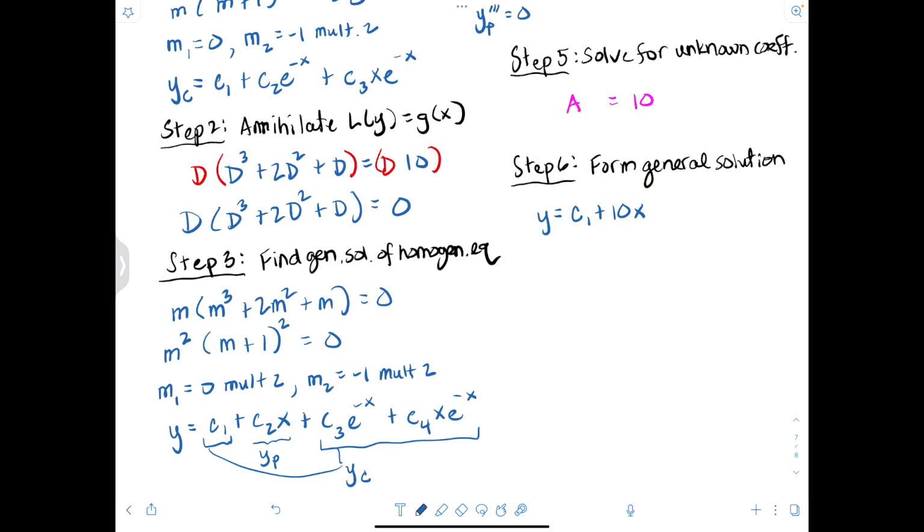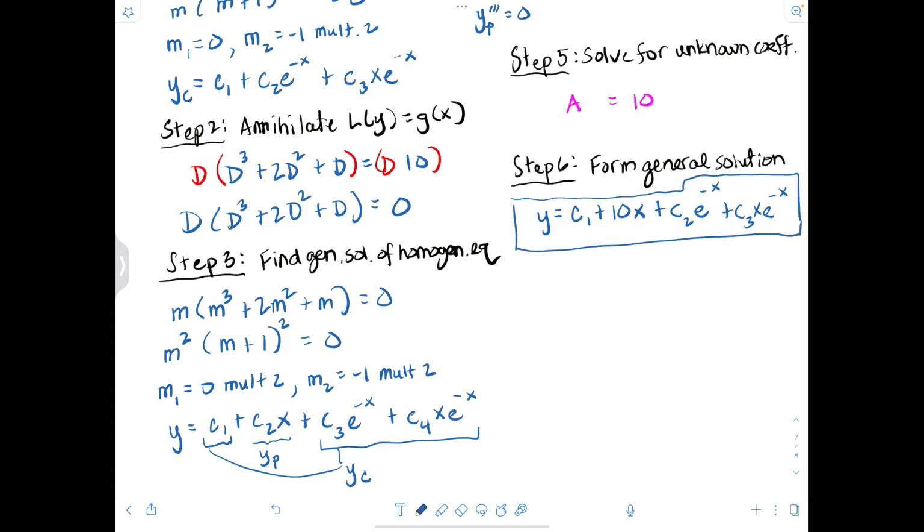So in place of C2, we put 10, plus C3 e to the negative x plus, actually it'll be C2 and 3, and C3 x e to the negative x. And we're done. Cool, cool? All right, perfect.